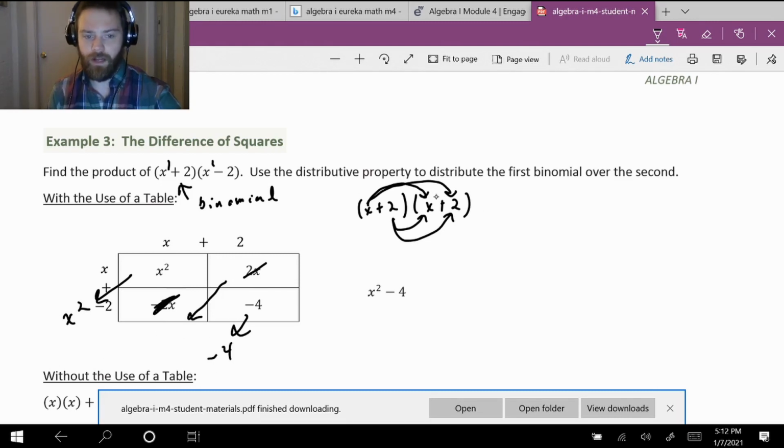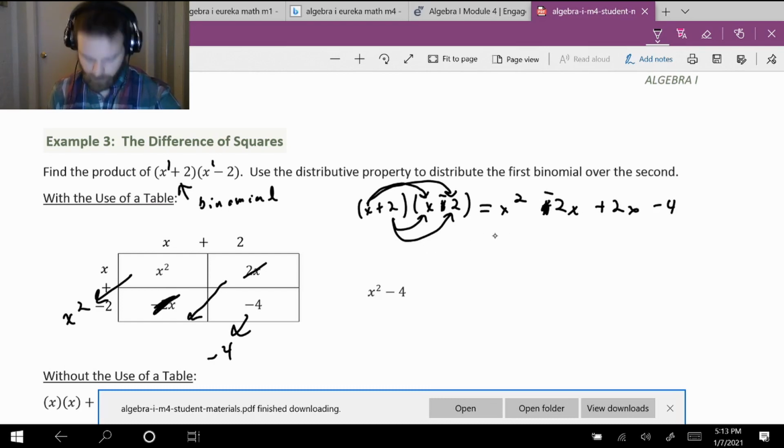Same thing here. x times x is x squared, so this is just the same thing. x times 2 is 2, and that should be a minus 2. Yeah, x times 2 is x times negative 2, my bad. x times negative 2 is negative 2x. 2 times x is positive 2x. And then 2 times negative 2 is negative 4.